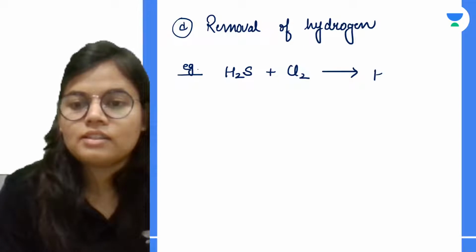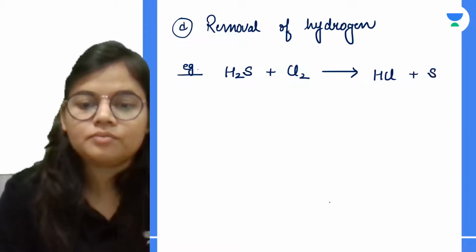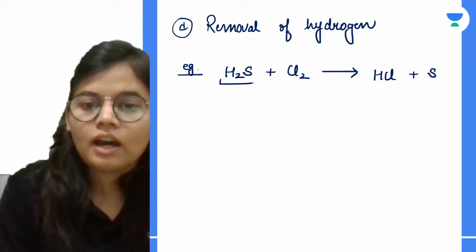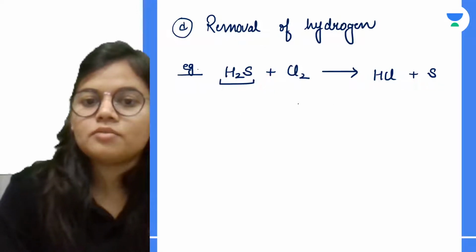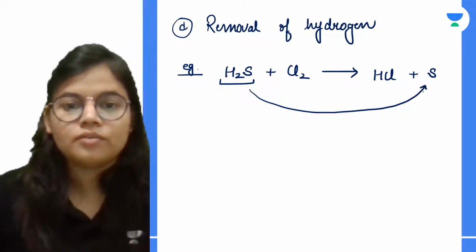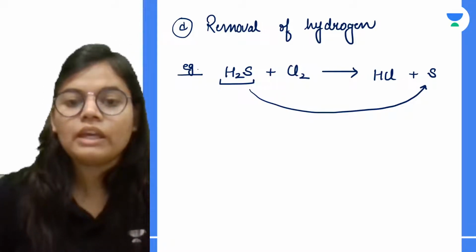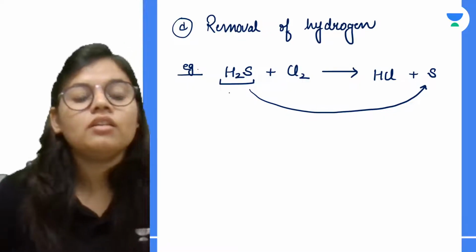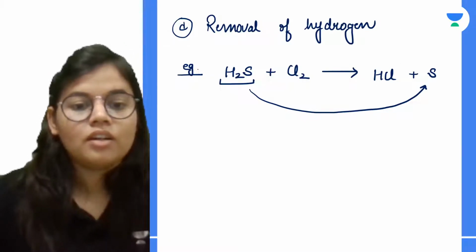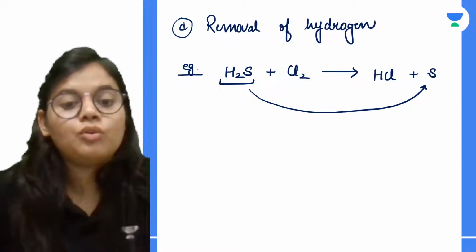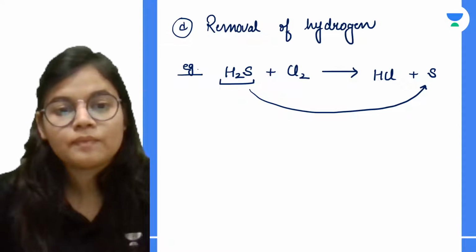We get HCl plus sulfur. Now what is happening? This hydrogen sulfide is being oxidized to sulfur, and how is that happening? Hydrogen is being removed over here. Since hydrogen is getting removed, the process is known as oxidation.